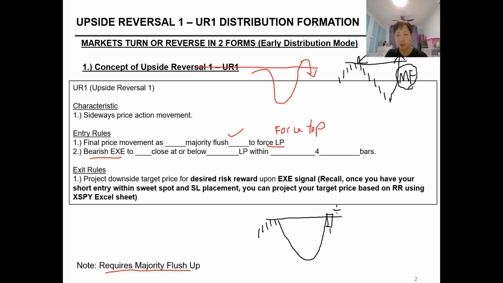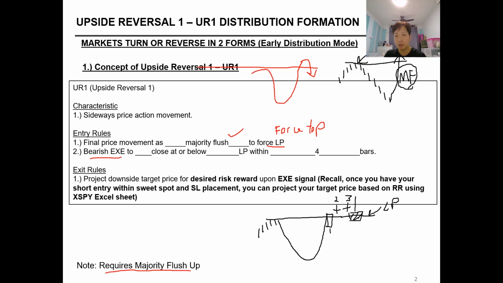Let's say the second bar is a doji, the third bar is also a doji. By the fourth bar, we want to see one of the bearish EXE that closes at or below this LP line. It could be a bearish markdown bar, a bearish ice cream bar that closes at or below the LP, and this will confirm our UR1 structure.